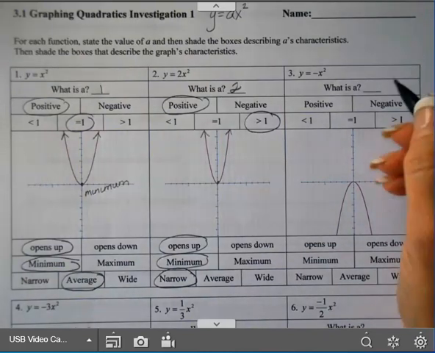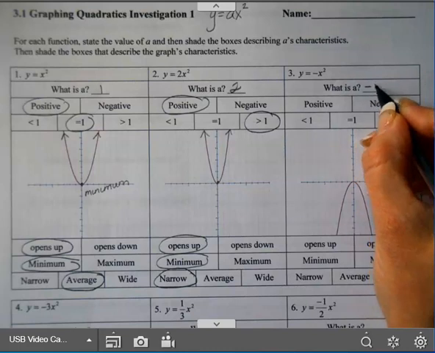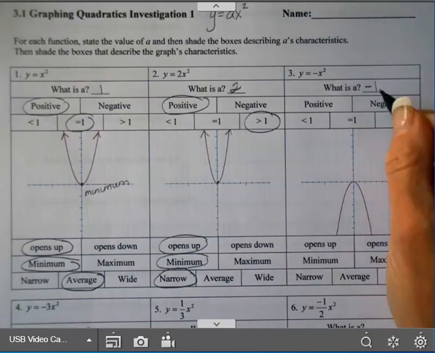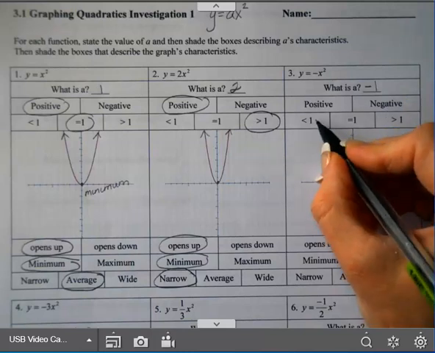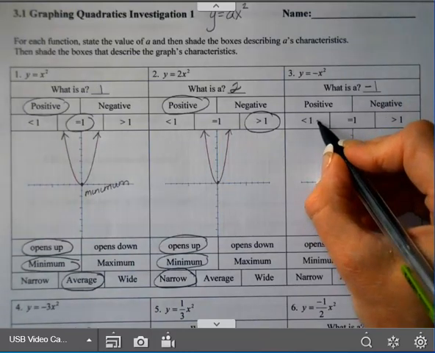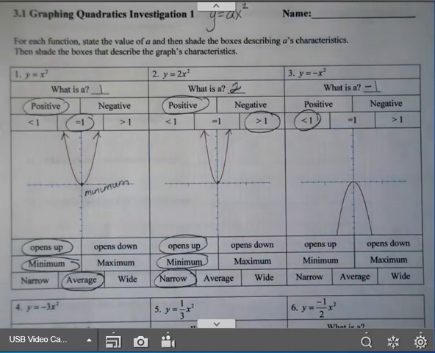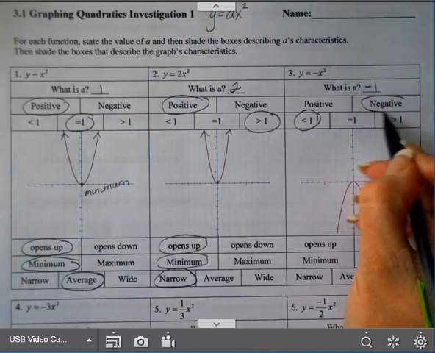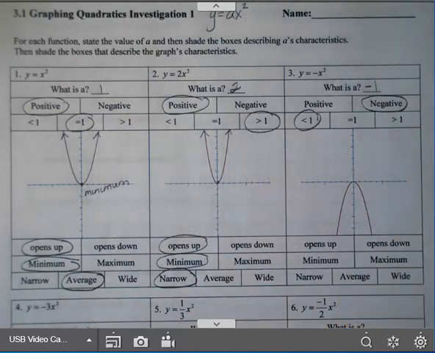For this next one, my a value is negative. So a is less than 1. It is negative. And our graph opens down.